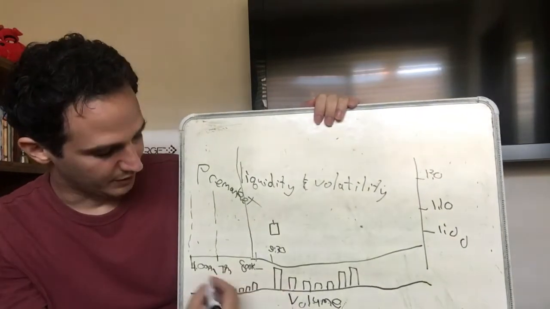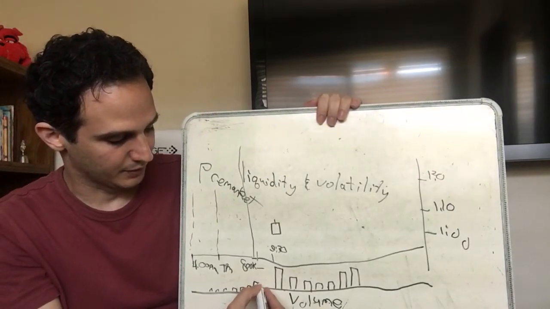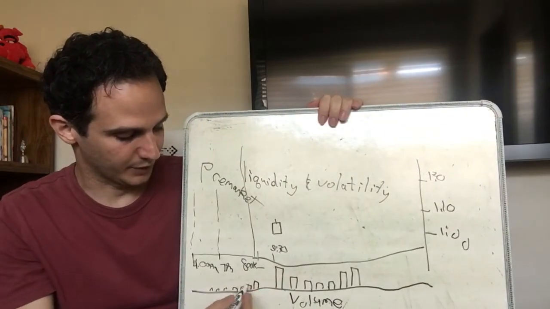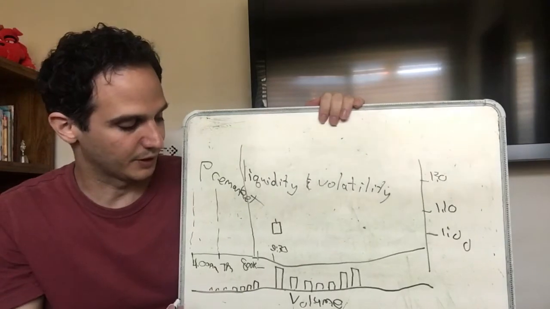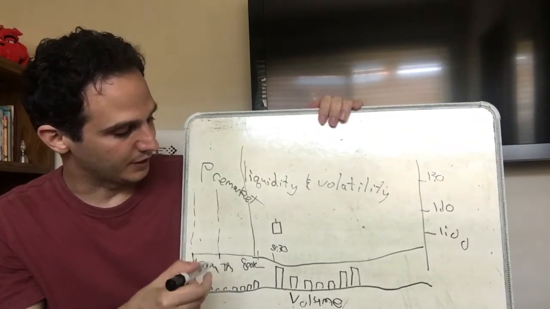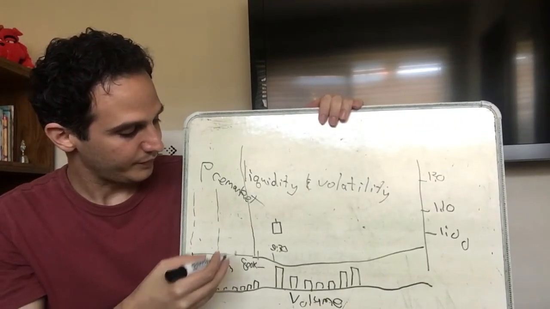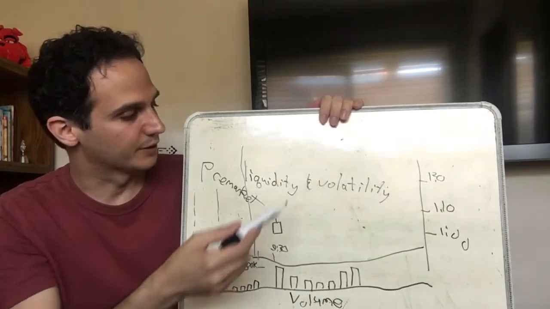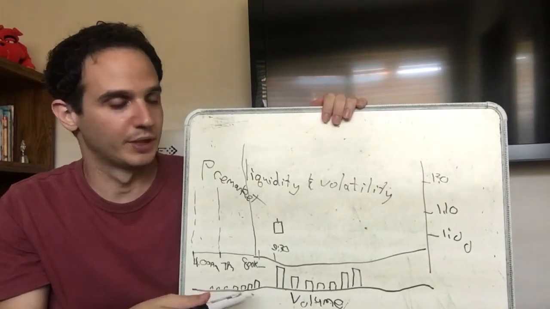So maybe here the highest volume gets to like 50,000, and most of the volume is 10,000 or under 10,000 shares. So pre-market, it's not the best time to trade because the stock will say it's not as liquid, or there is less volume.